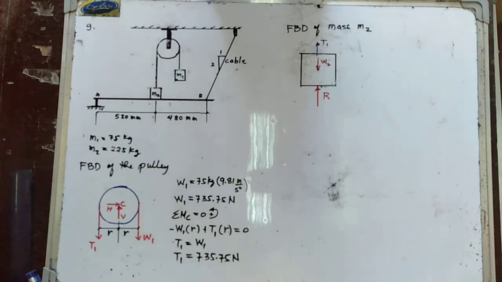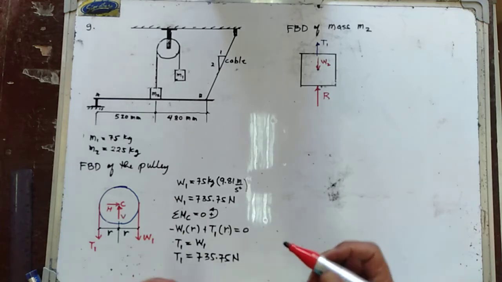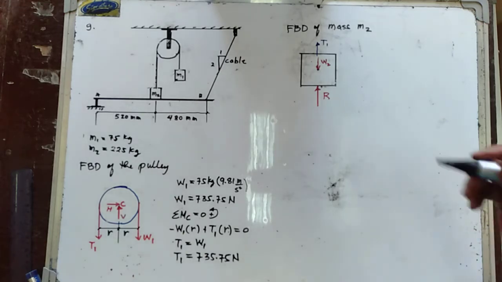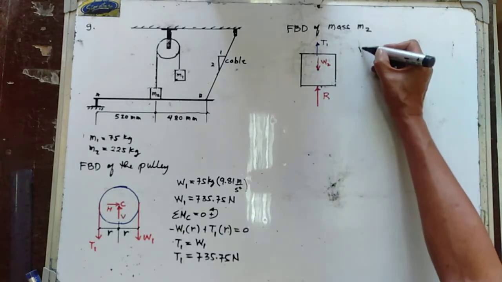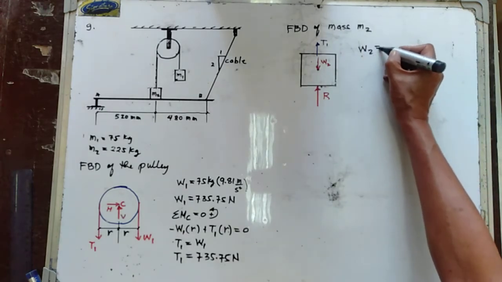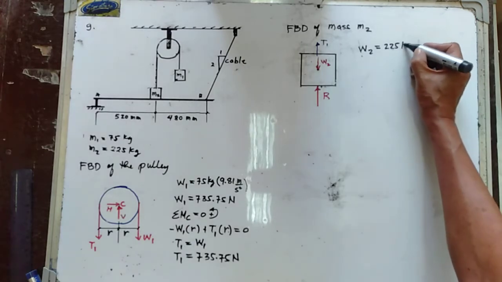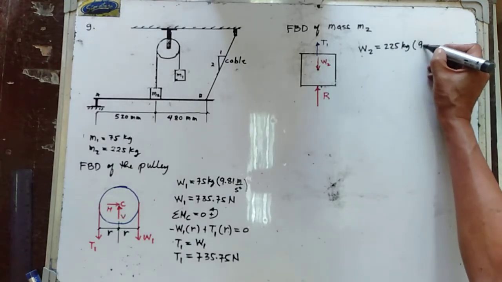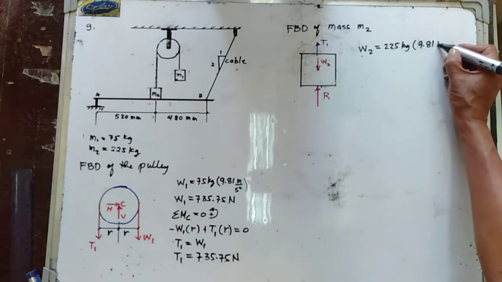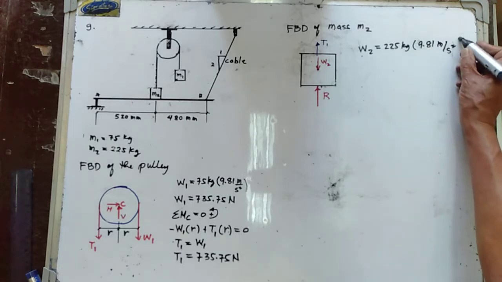First let us determine W2. So what is W2 equal to? Your W2 is equal to M2, that is 225 kilograms, multiplied by 9.81 meter per second square.